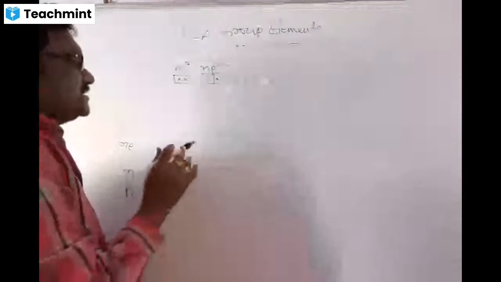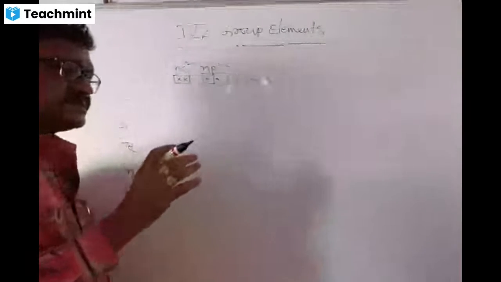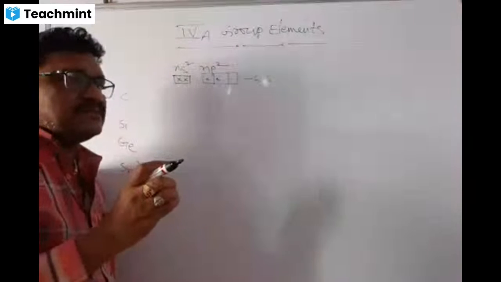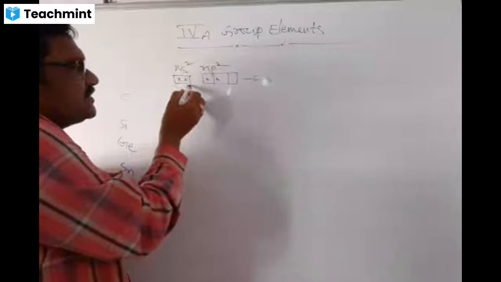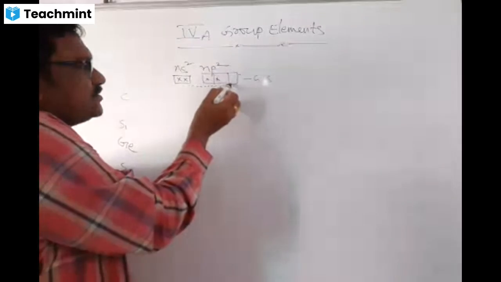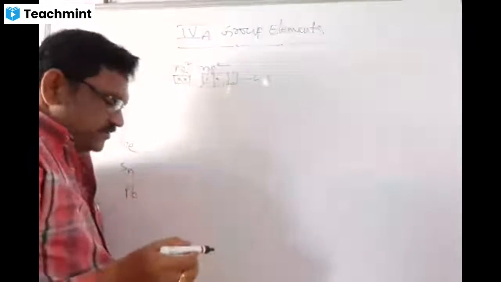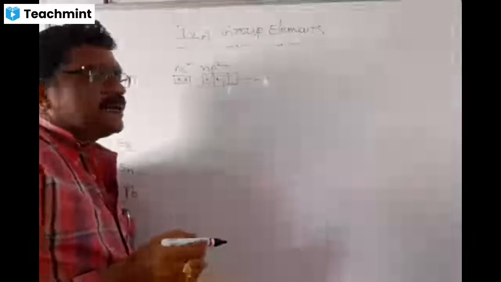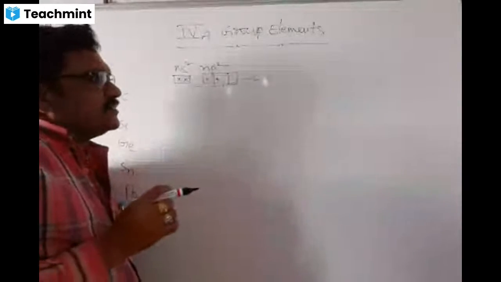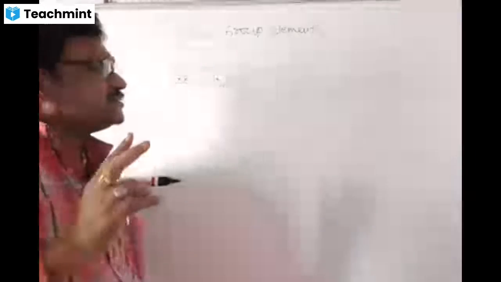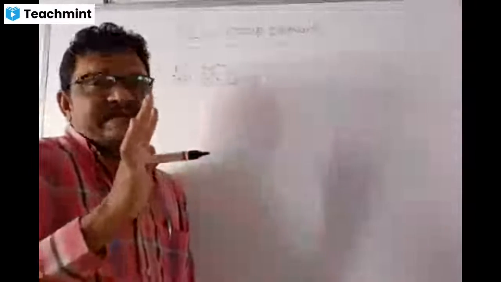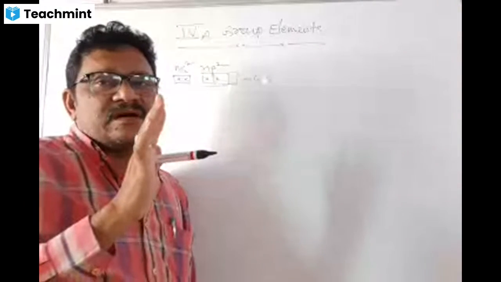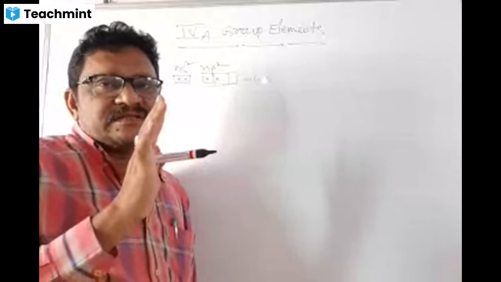In the excited state, what happens? One electron from the s orbital is promoted to the pz orbital of the same shell, so that the elements can have four unpaired electrons in the outermost orbits.